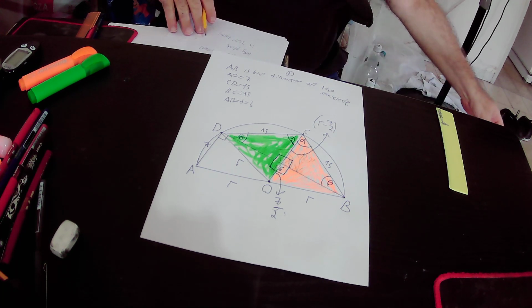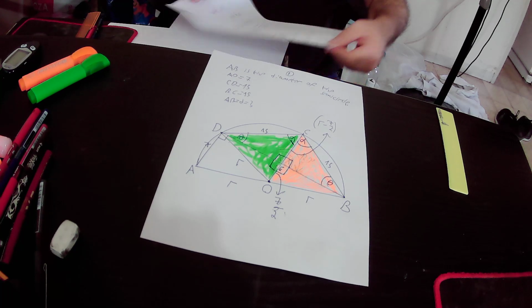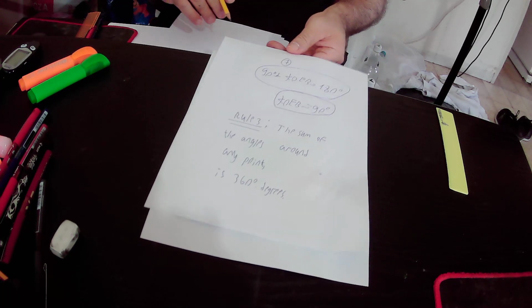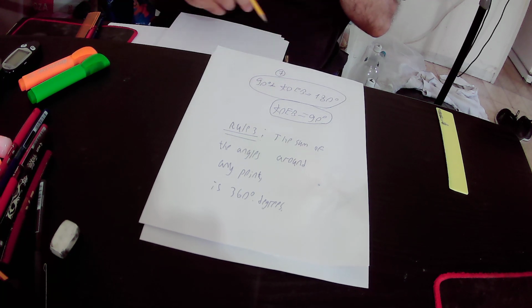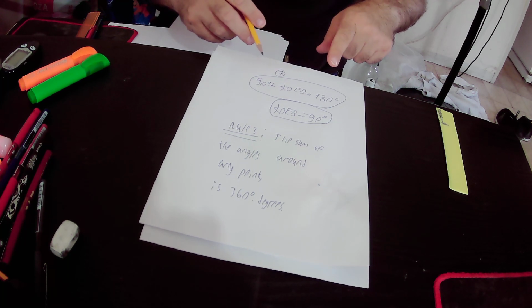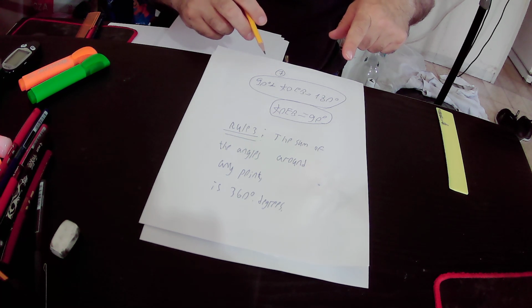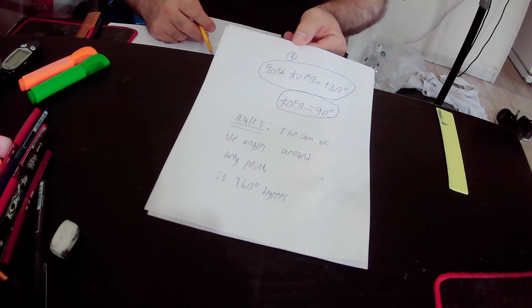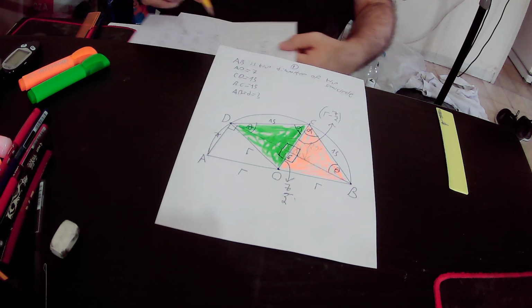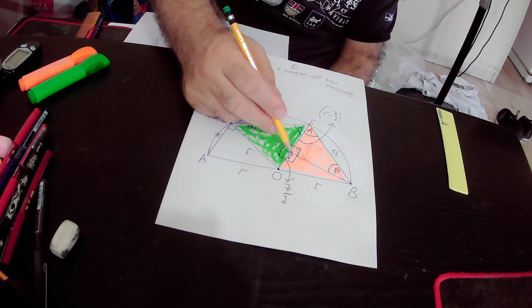So we got this equality that 90 degrees plus the size of angle OEB must be equal to 180 degrees. From this equality we subtract 90 degrees and we get that angle OEB equals 90 degrees. So actually this angle OEB is a right angle.